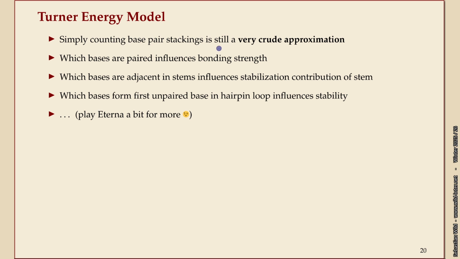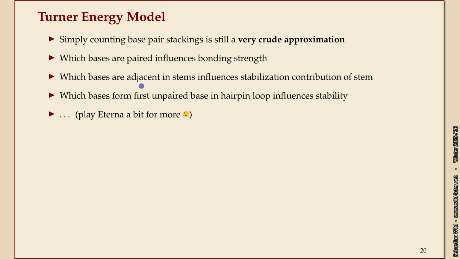So even counting these stackings is still a relatively rough approximation. It depends on the exact bases. So the bonds between GC are much stronger than AU, and GU is even weaker. Also, I showed this in the tool earlier, that sometimes adding another base in the unpaired part changes the contribution to stabilization.